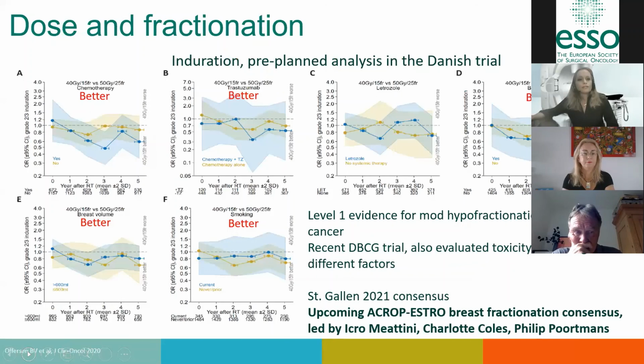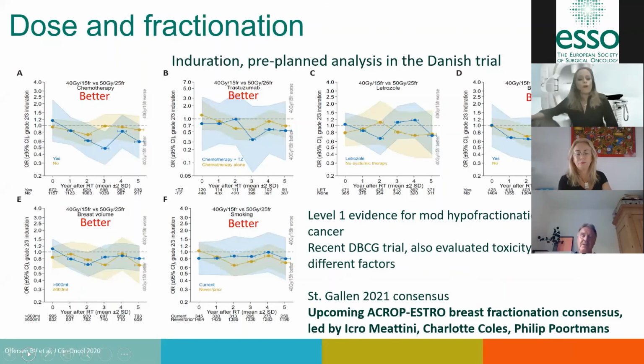Part of the things that we can do to reduce toxicity is to adopt new radiation schemes, dose and fractionation. I know we do not have many trials for moderate hypofractionation in case of immediate reconstruction. We have one published trial in the Lancet Oncology, which was done in China, but we have level 1 evidence for moderate hypofractionation in breast.